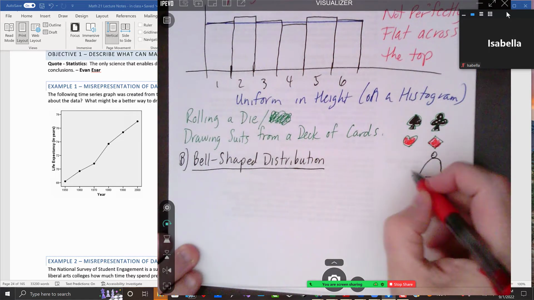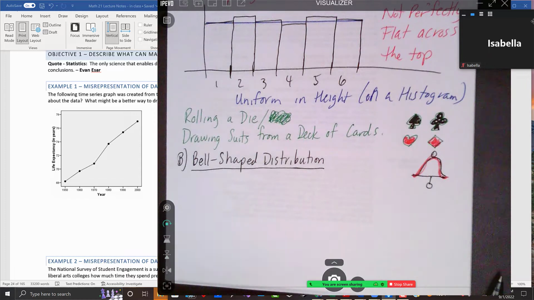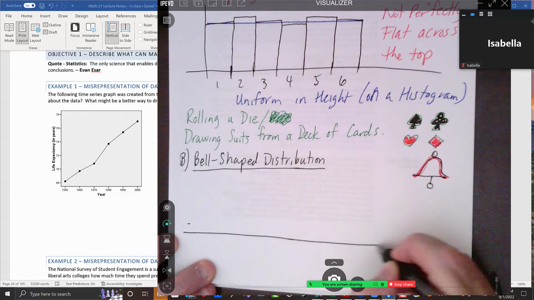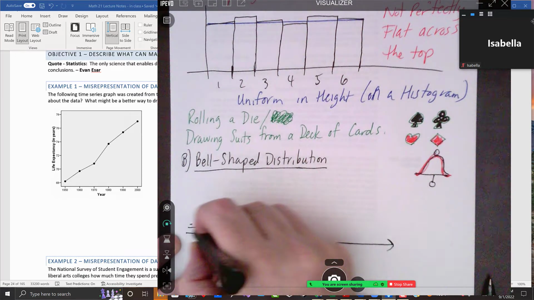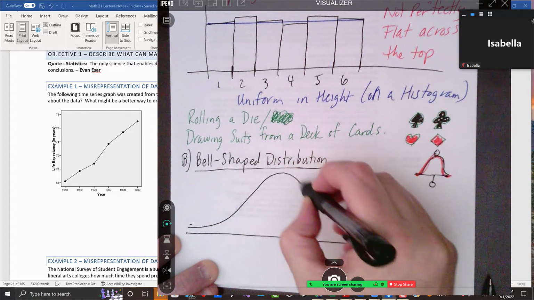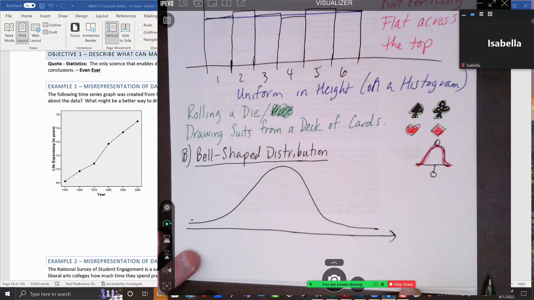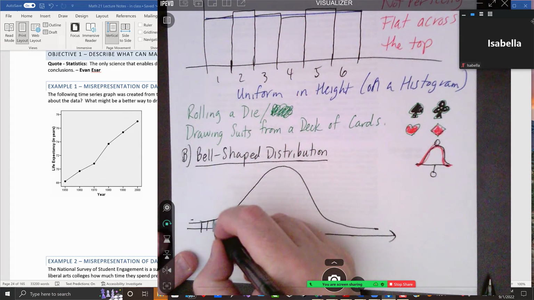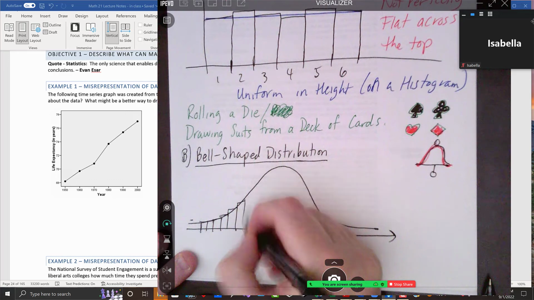Bell-shaped is referring to this portion right here. If I've got the axis, like the 1, 2, 3, 4, 5, 6 axis down there, a bell-shaped distribution does something like this. This could be histograms. Histograms can look like this.